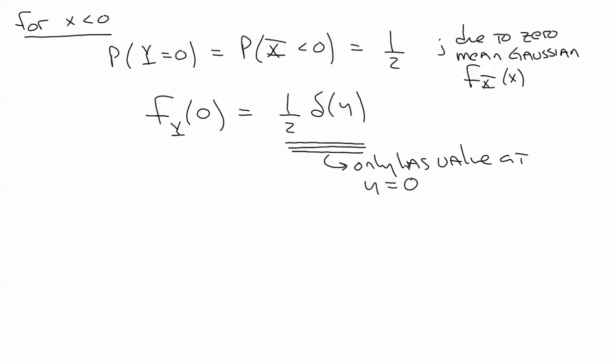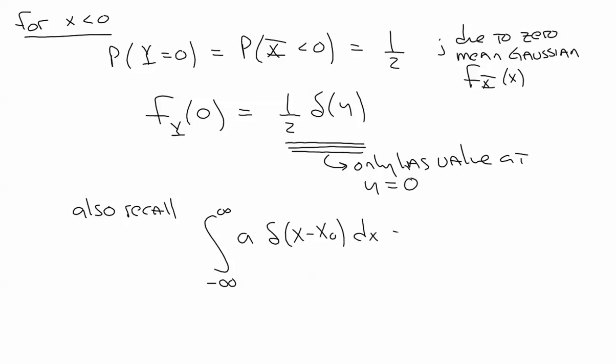And you'll also recall one of the defining properties of a delta function is that if I integrate from minus infinity to infinity of a times delta of x minus x naught dx, the result is a. The area under a delta function is its strength.